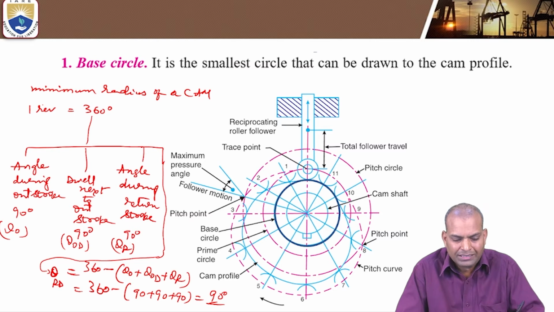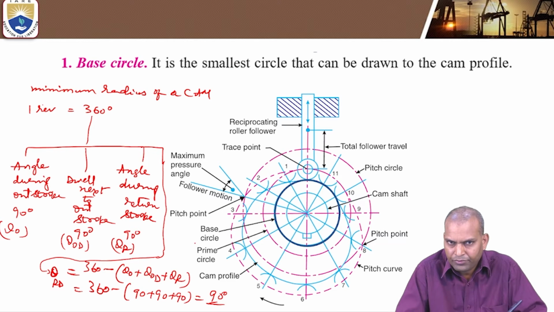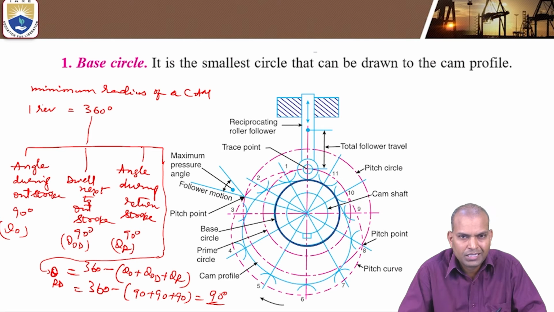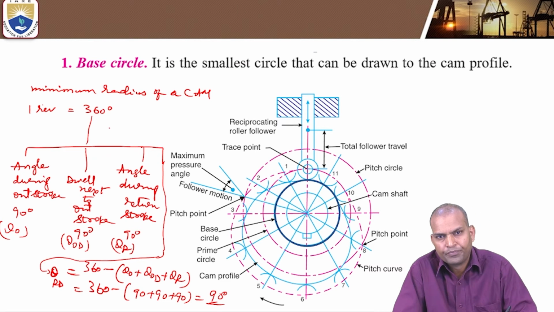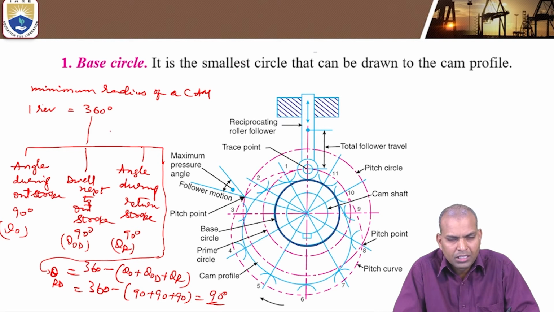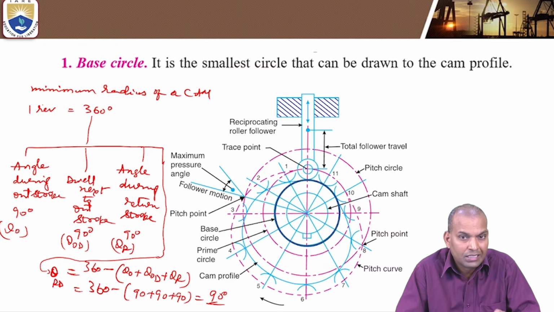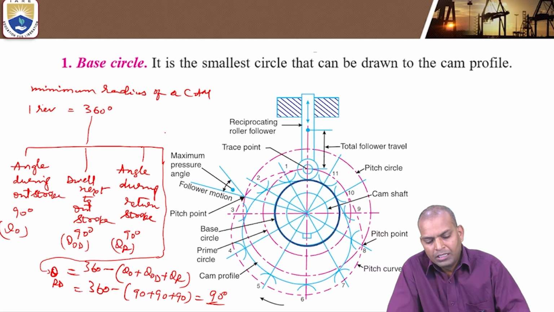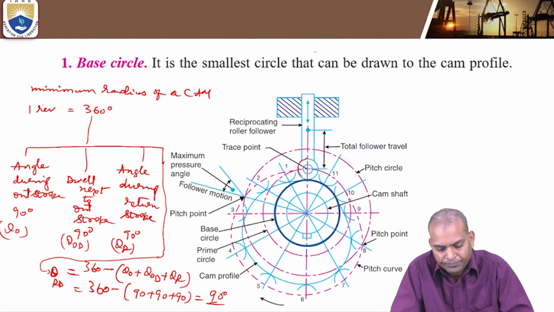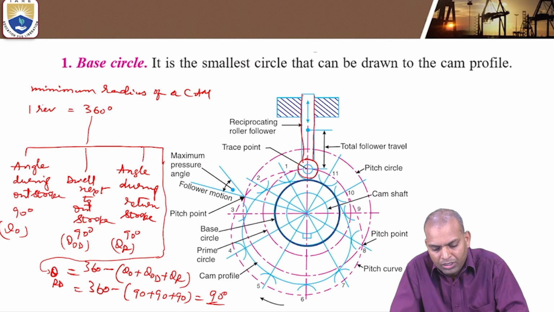These divisions divide the base circle in the case of a knife edge follower, whereas in the case of a roller follower, the same divisions theta O, theta OD, theta R and theta RD are made on the prime circle. Here in this figure it is a roller follower, which has a roller.